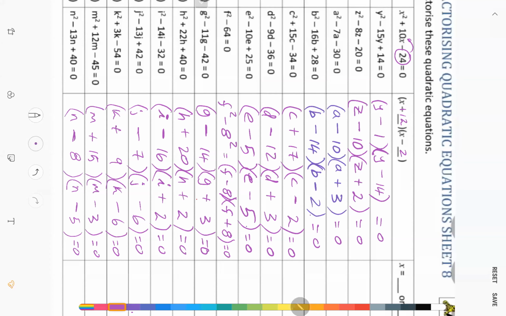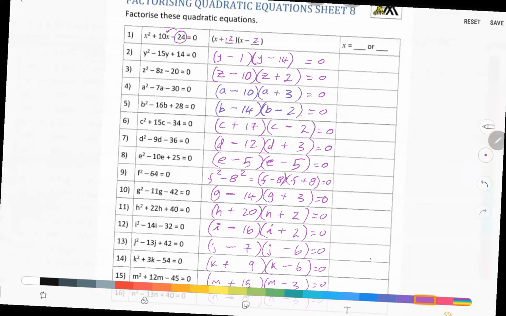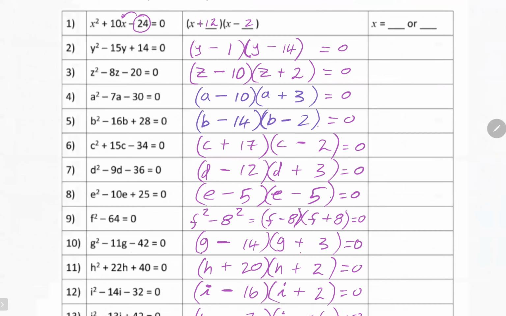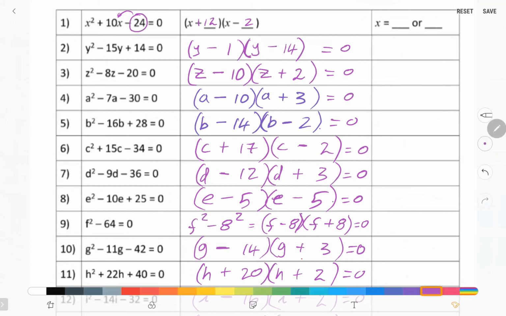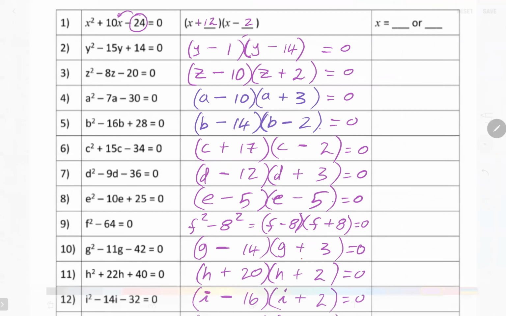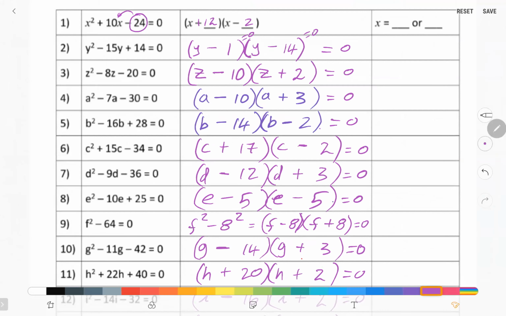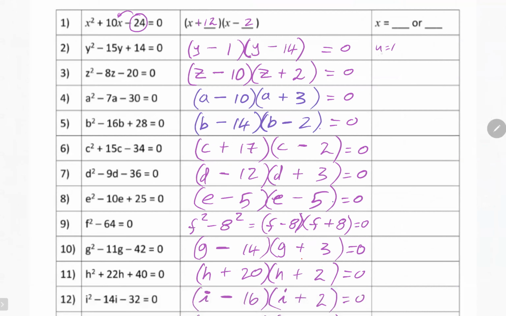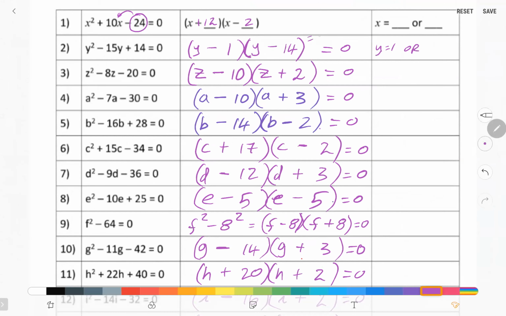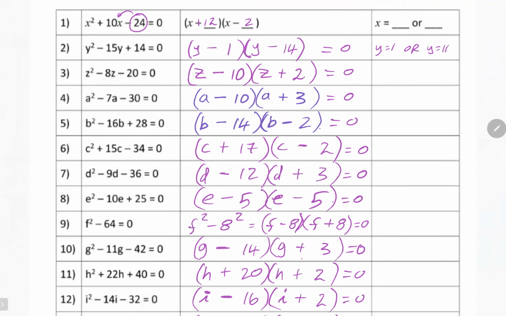Now, what are the answers, the actual values? So solving, imagine this is equal to 0 and this is equal to 0. If the first one equals 0, then y equals 1, or if the second one equals 0, then y equals 14.